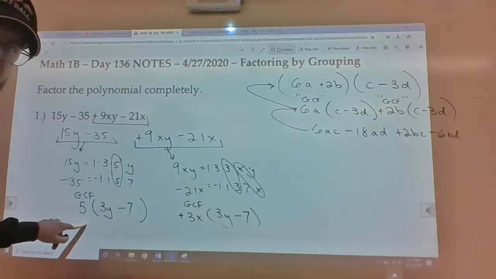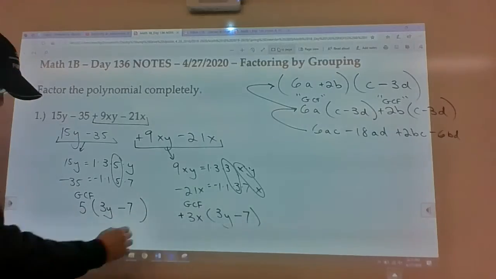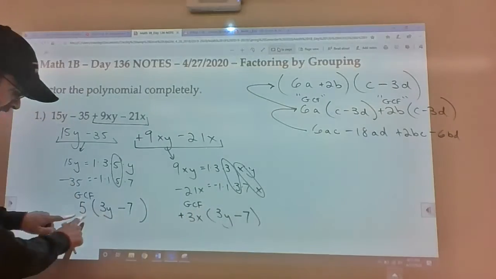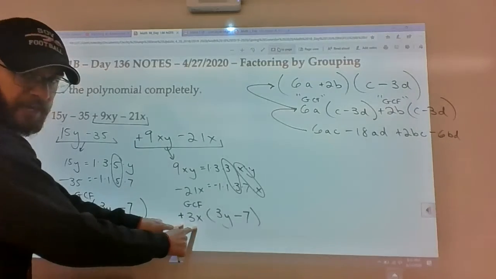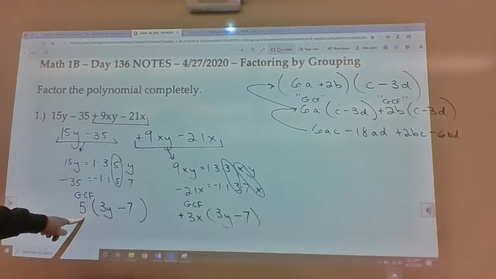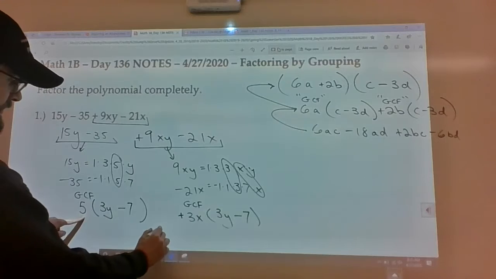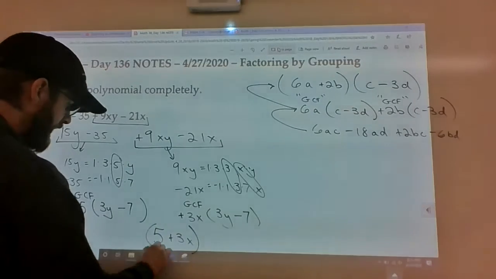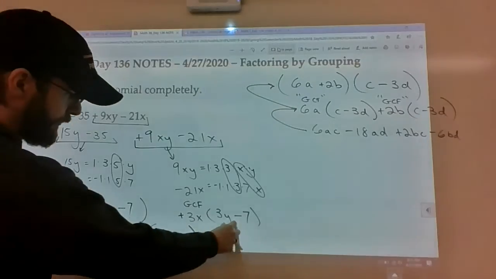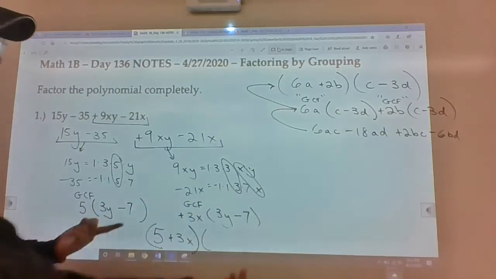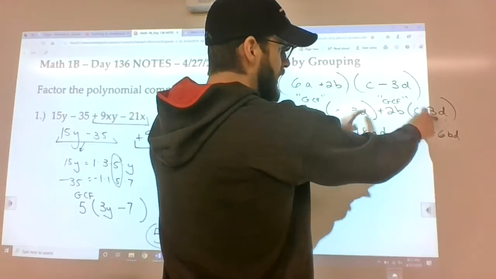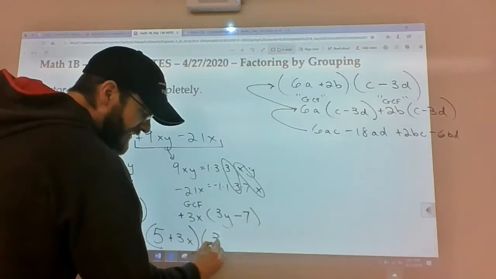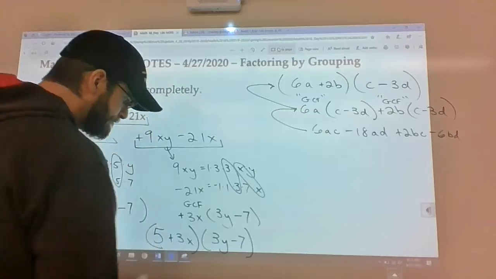So how do we finish out this right here? Well, we create our GCF group, which is 5 plus 3x, multiplied by our two leftover groups. But again, those two came from one group if we went the opposite way. So it needs to be consistent like that.